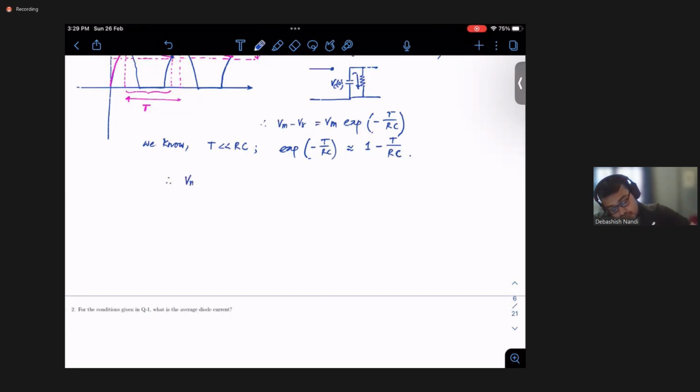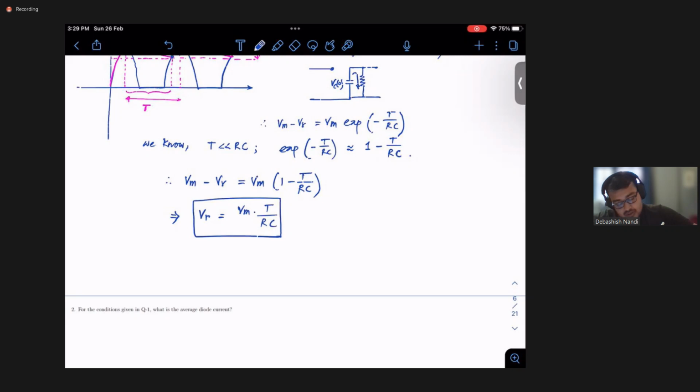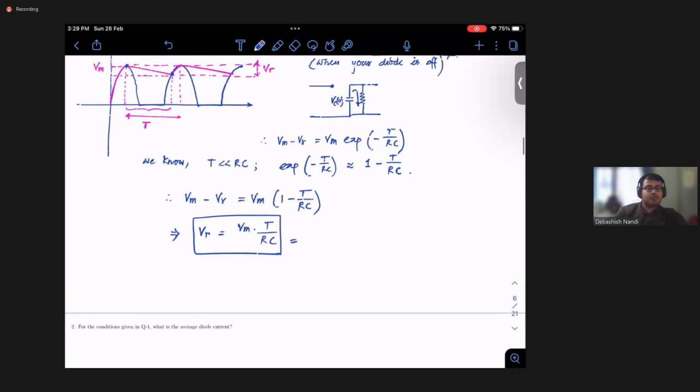So your Vm minus Vr equals Vm times (1 minus T by RC). So this Vr becomes Vm times T by RC. Okay, we'll remember this formula.